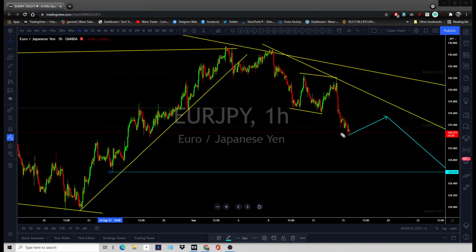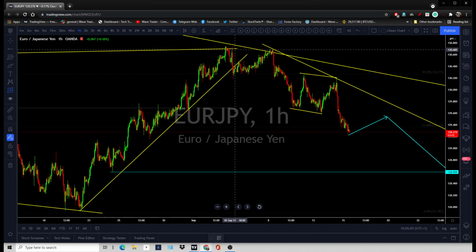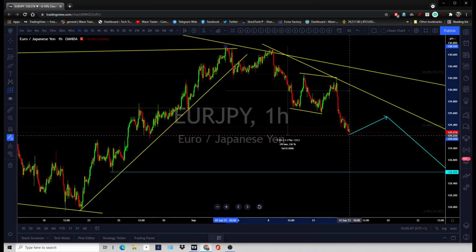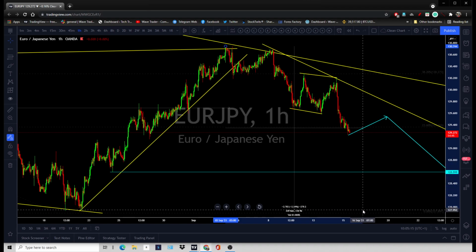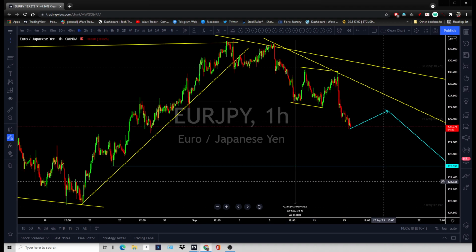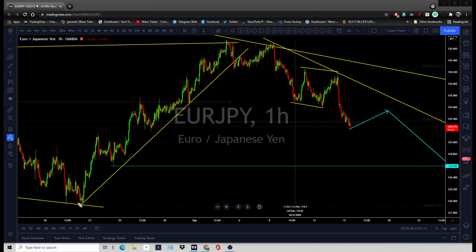So what you are looking for now is another correction to form and price to just keep dragging lower. Make sure you understand that price has already, let me pull out this tool, just look at that. Price has almost dropped 150 pips from that top, and the way we are expecting right now is to go all the way to this low, in the best case scenario.